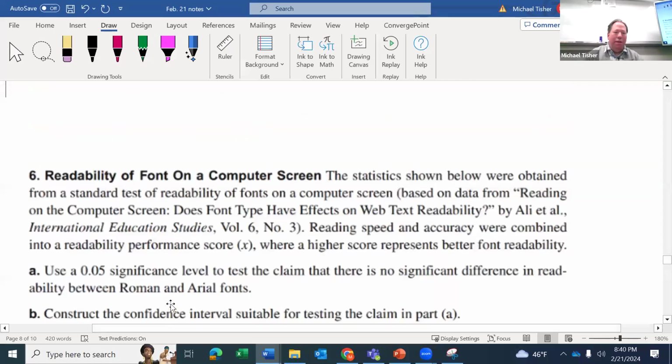To do this, we have to have some kind of readability score. We combine reading speed and accuracy into a readability performance score. A higher score represents better font readability. We're going to use a 0.05 significance level to test the claim that there's no significant difference in readability between Roman and Arial fonts.